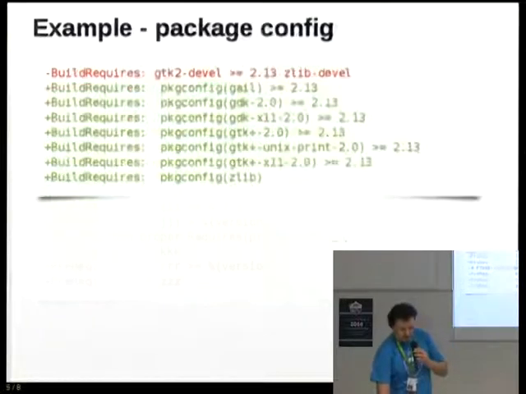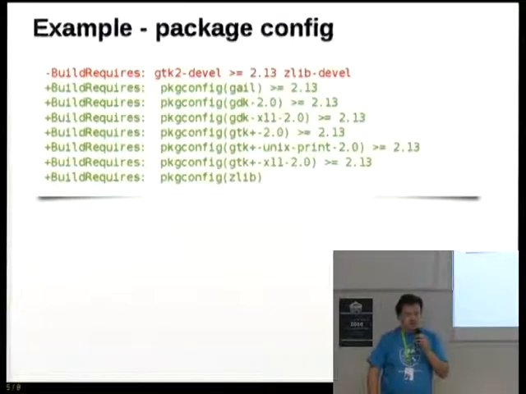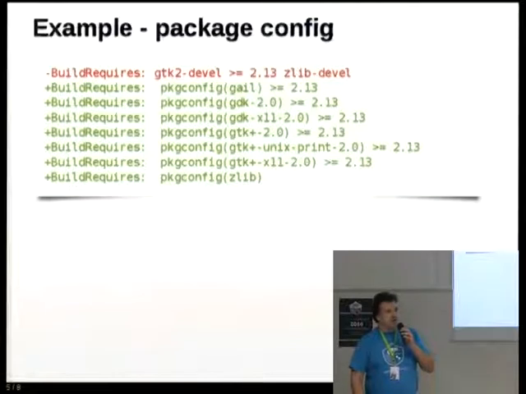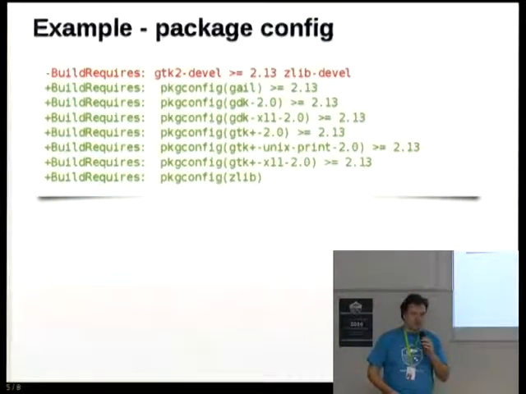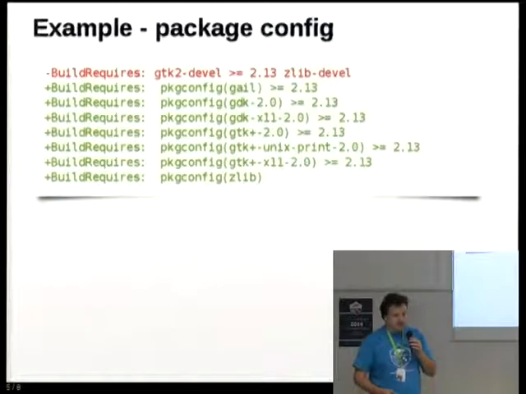Other example, we can still use build requires on devel packages, but we have a much more elegant way to depend on your build requires, and that's using, for example, package config.